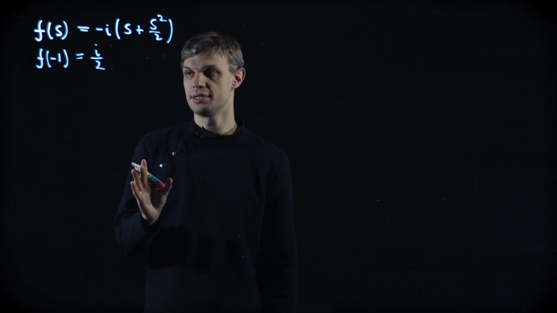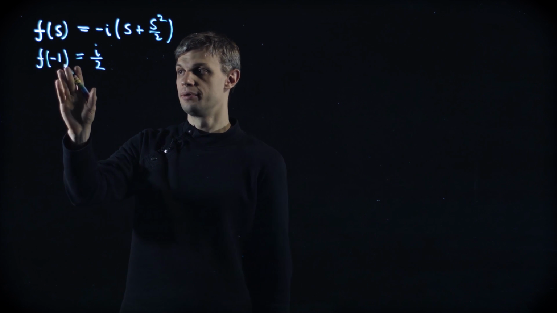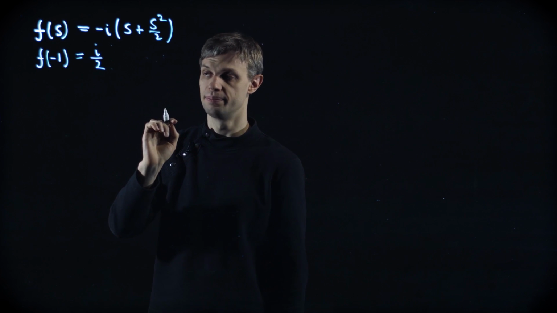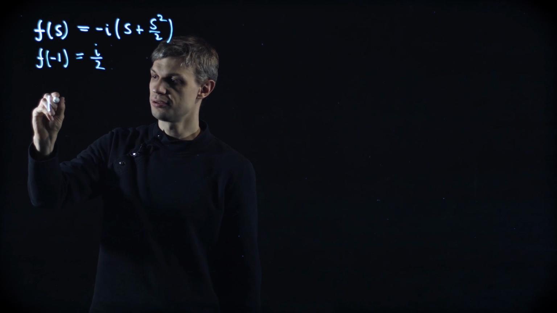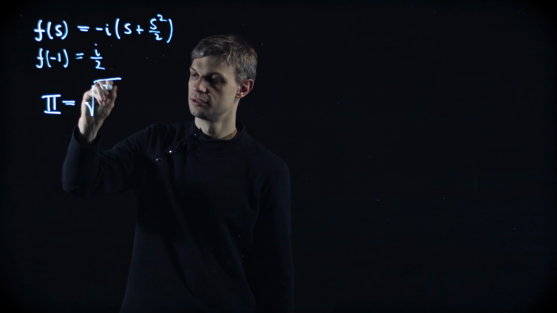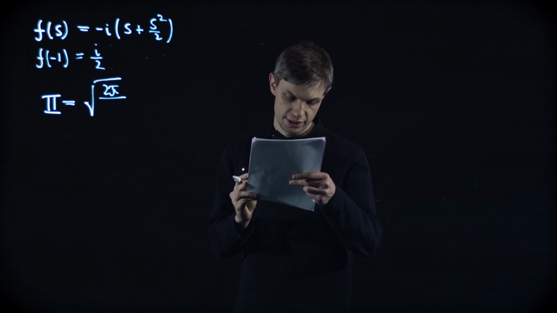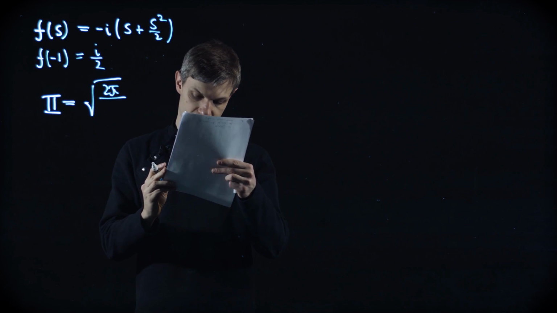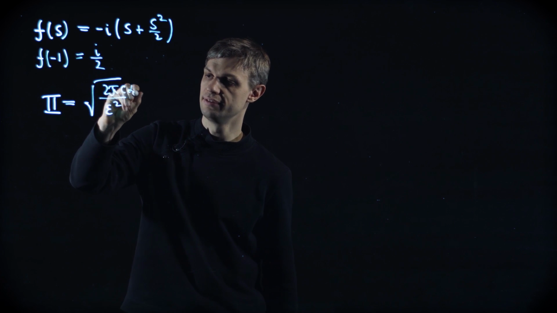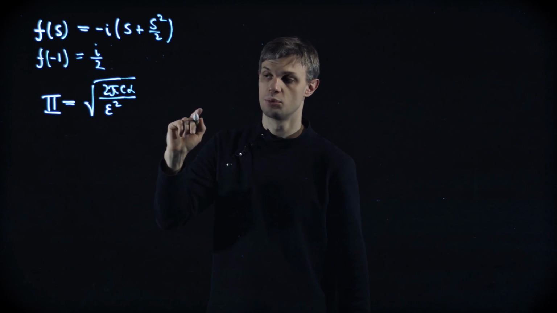And now we have all the ingredients to write down the second asymptotic for our second part integral. So here is our value of f function. It's taken at saddle point -1. Now it's i by 2. And the integral itself has this classical form, square root of 2 pi over our large lambda parameter, which is epsilon squared over C alpha. The modulus of f double prime is 1.